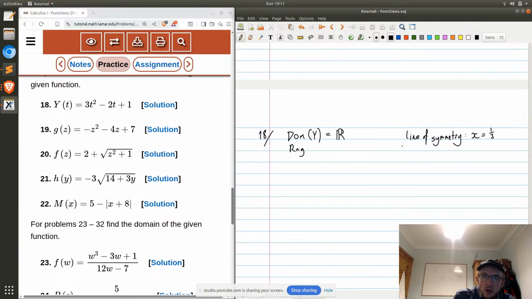And then you find out what y of 1/3 is, and that will get you the global minimum. So a third squared is a ninth, and 3 over 9 is a third. And then we must take away 2/3, and then we must add 1. A third take 2/3 add 1 is 2/3.